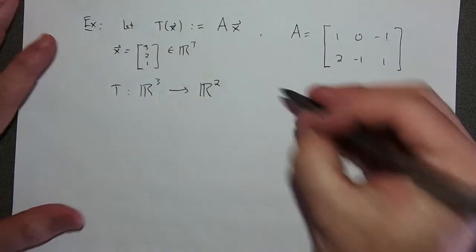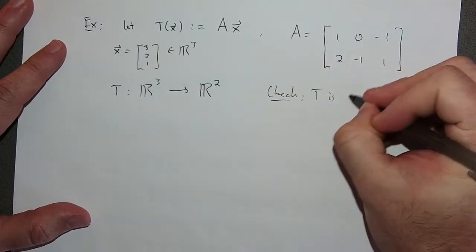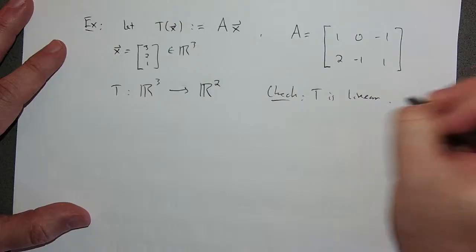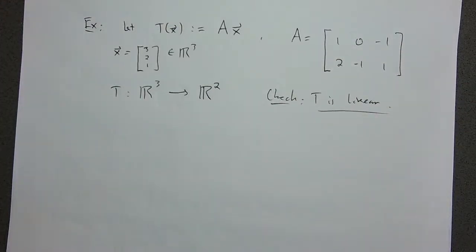Okay, and you can check T is linear. In fact, any transformation or any function between vector spaces defined by matrix multiplication is going to be linear because matrix multiplication itself is linear. It respects, algebraically, those operations. So that's one thing you notice.